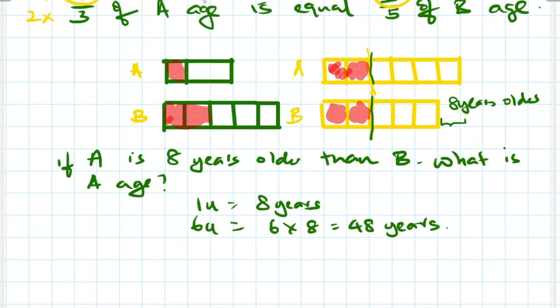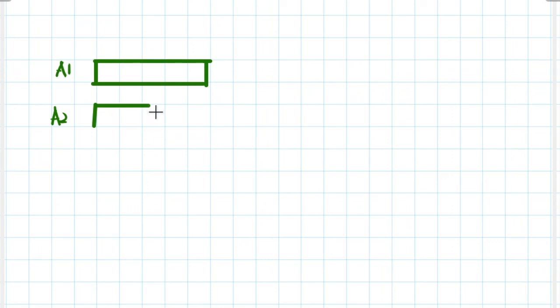Now that we talk about age, we must revise something that is important. I hope that you remember. Age. Let's say your age. Call your sister A1. Call you A2. Let's say you and your sister's age is different by 2 years, okay? It's different by 2 years.